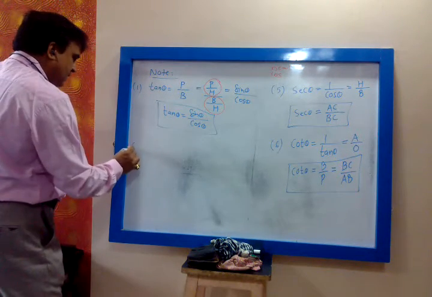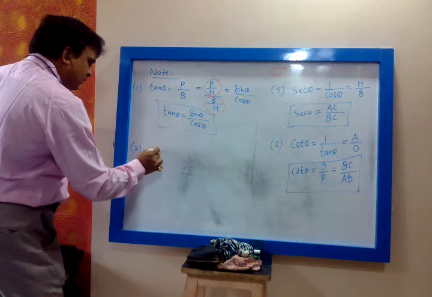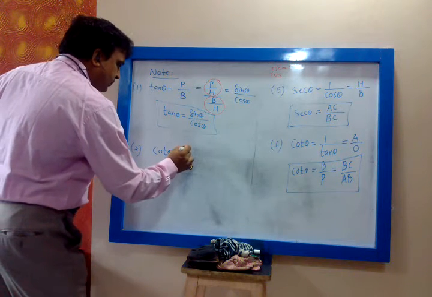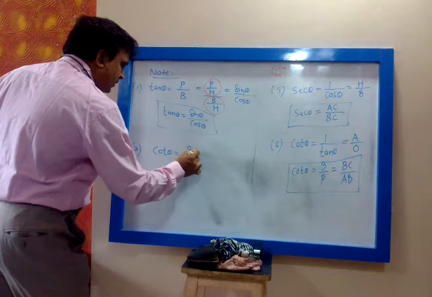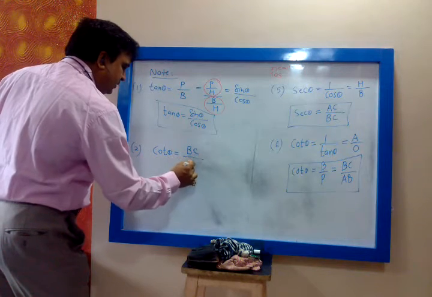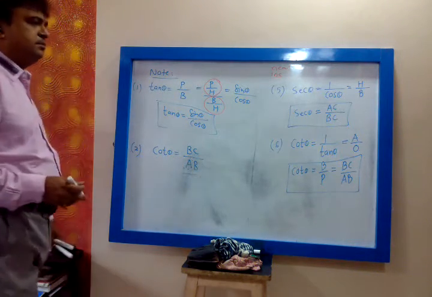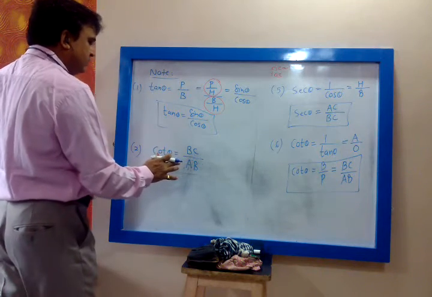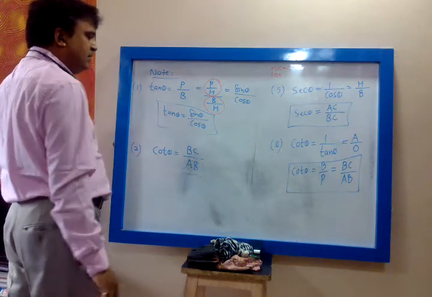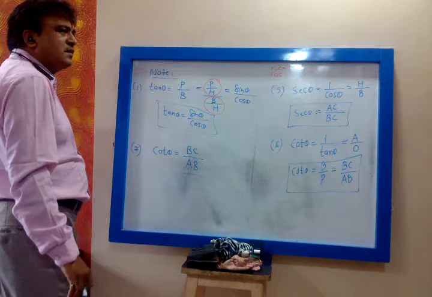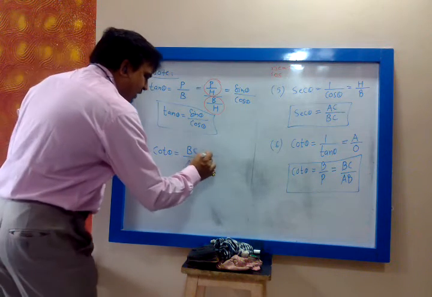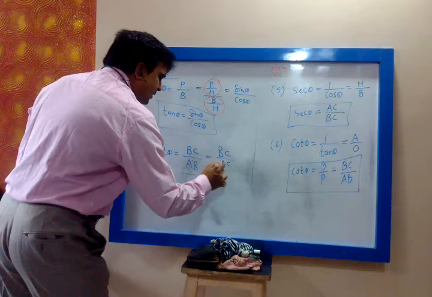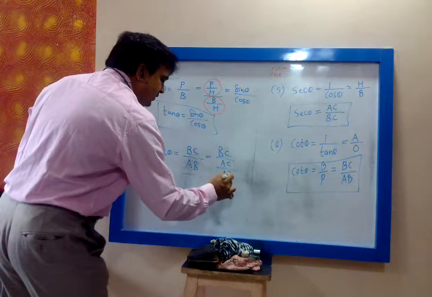Now the second note is cot theta. What was cot theta? BC upon AB, no? So let us divide this by AC: BC upon AC and AB upon AC.